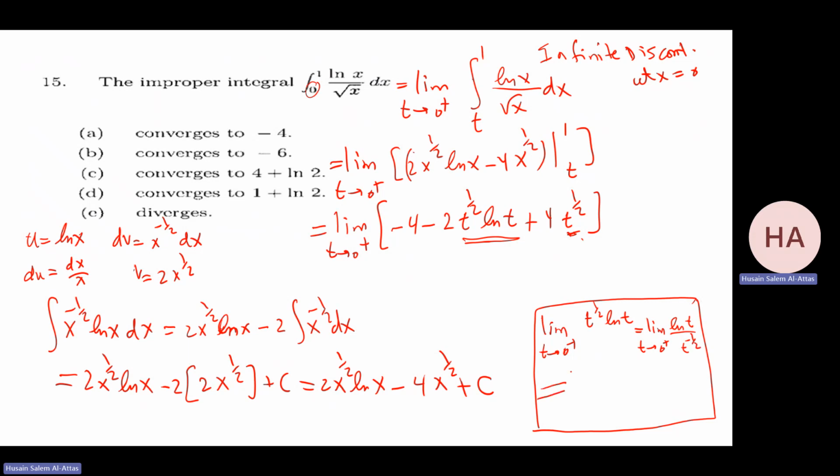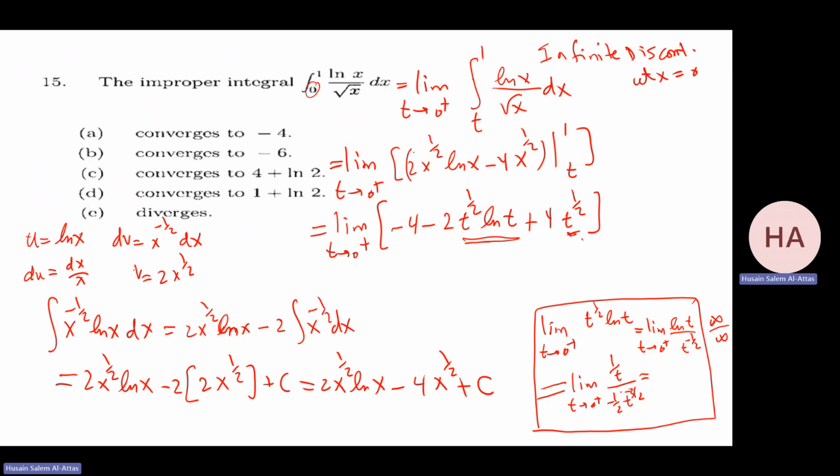Use L'Hôpital's rule now. I'm getting infinity over infinity, yes? So I have 1 over t, and the derivative of the denominator is minus half t to the power minus 3 over 2.